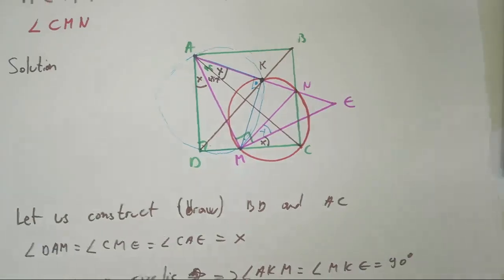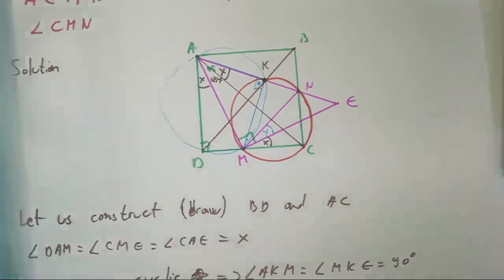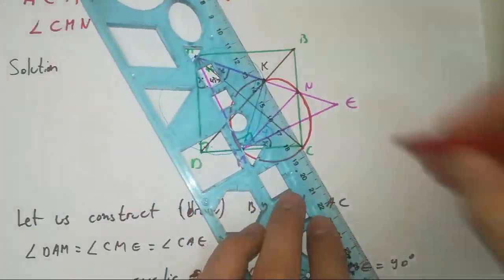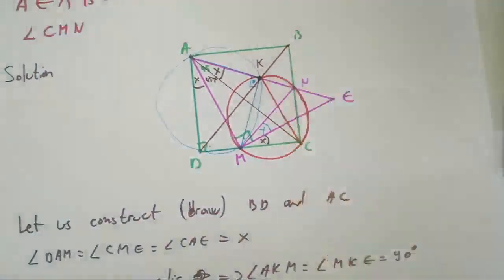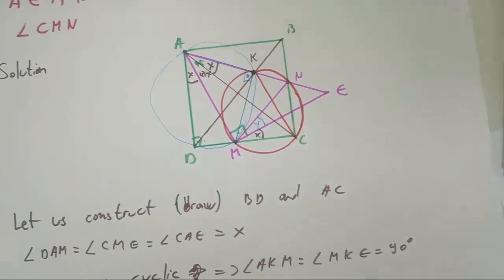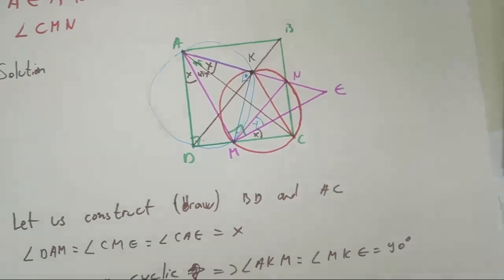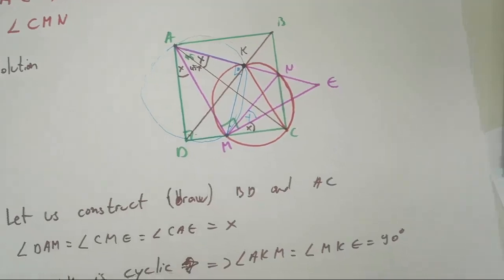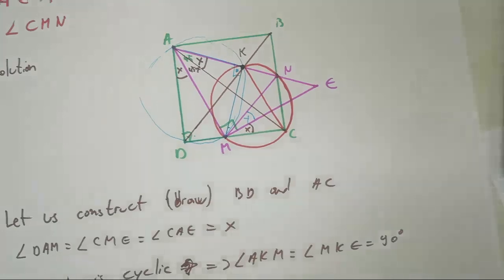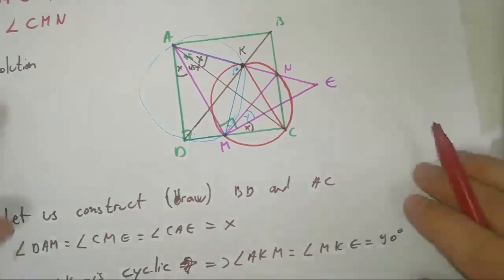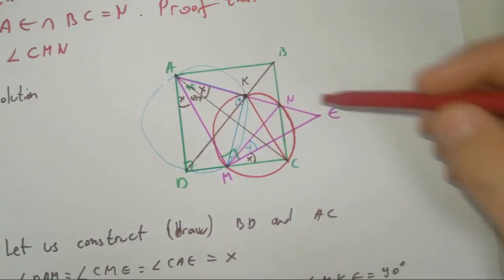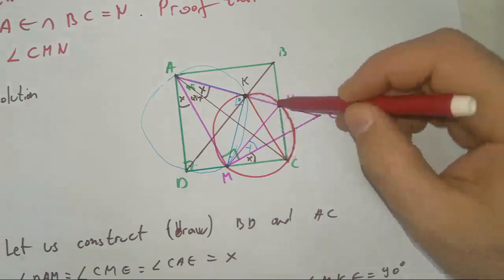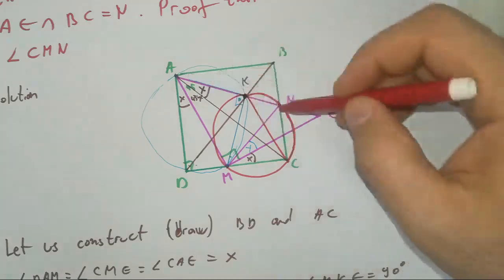So CKN and CMN are equal, but CMN is twice KAC. Why is it like that? Any idea? Why is this angle CKN twice CAN?